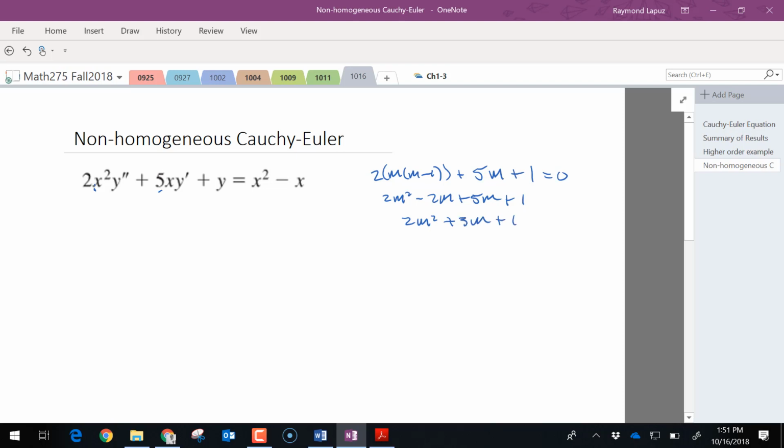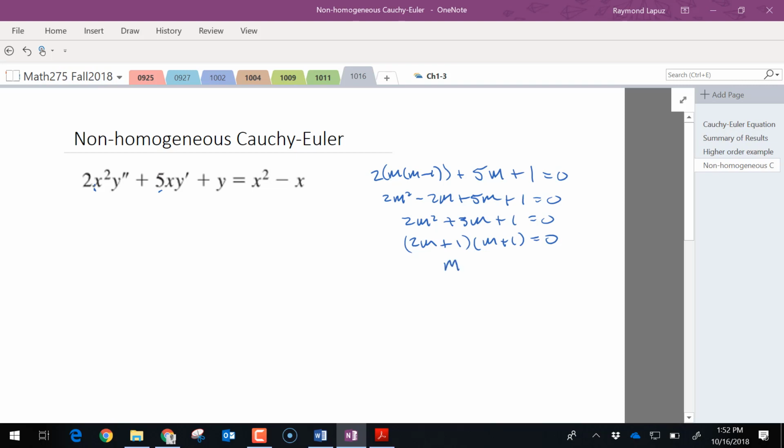Is this a factor? Does that work? And the middle term is 3m, last term is 1. Yeah, works.